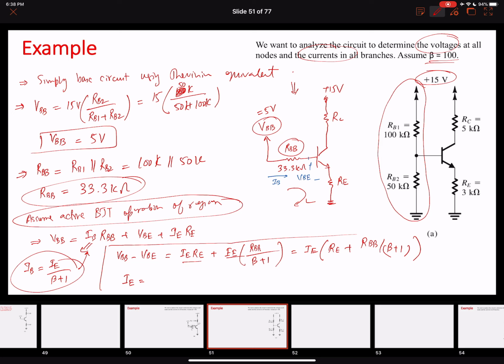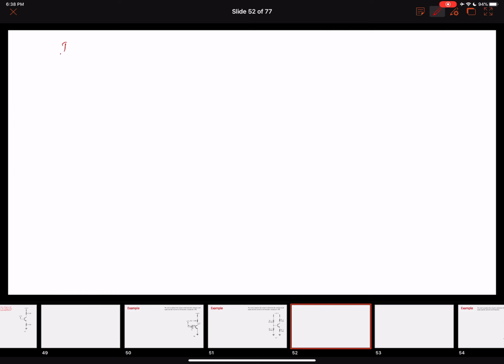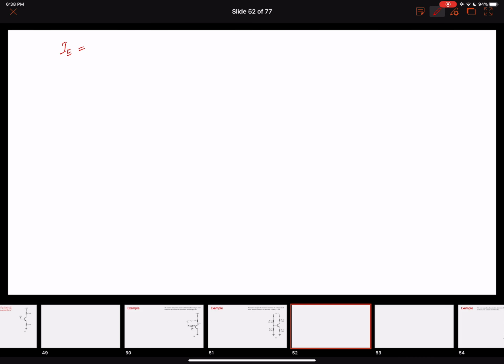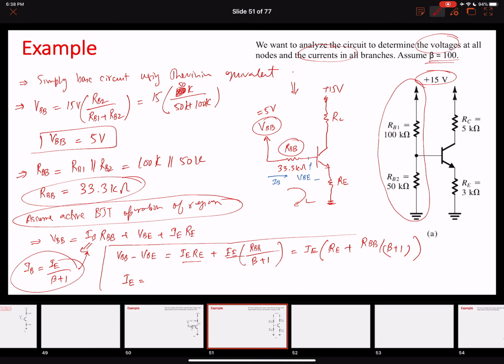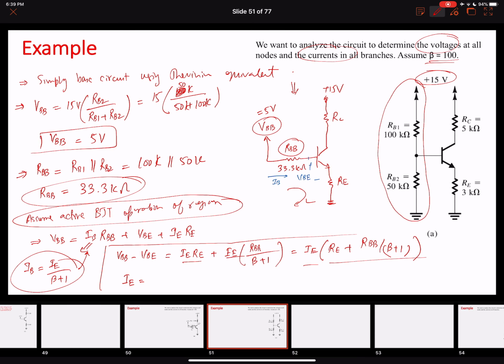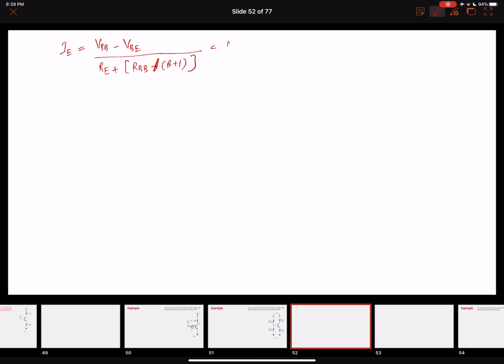So let me write down this equation in the next slide so we can also put down the values. IE equals VBB minus VBE over RE plus RBB over beta plus 1. Now we have a value of VBB, which is 5 volts. I think we have all the values now.